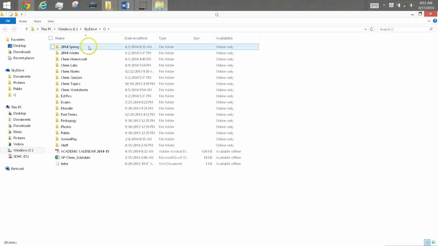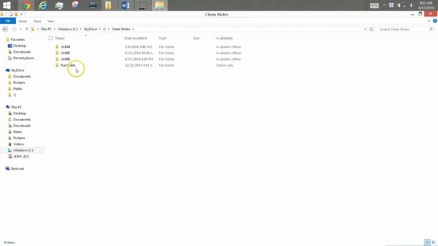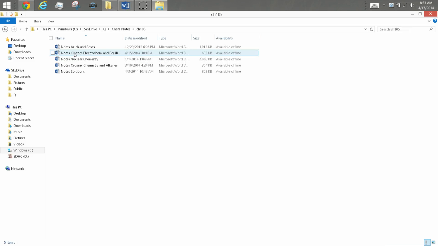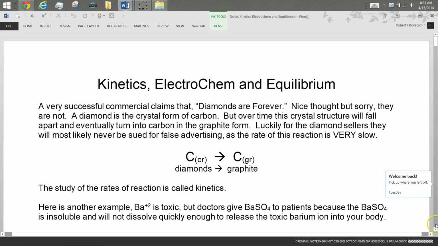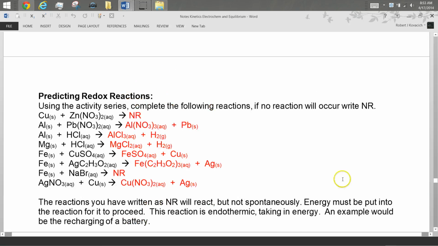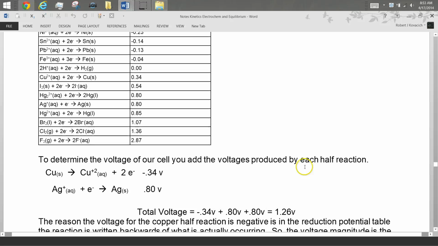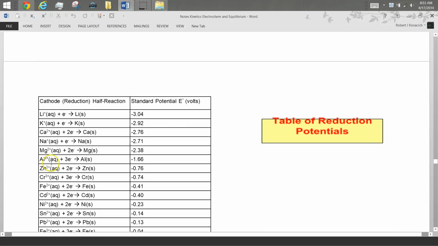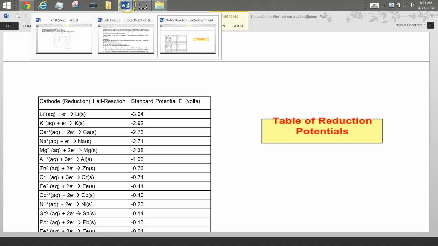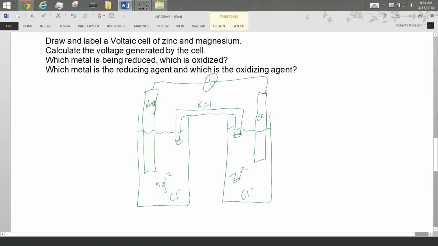So let's go to the notes. Scroll down here. I'm looking for magnesium and zinc. So there's my magnesium, and then there's my zinc. So magnesium is higher on the list. Alrighty then. So we'll jump back over here.